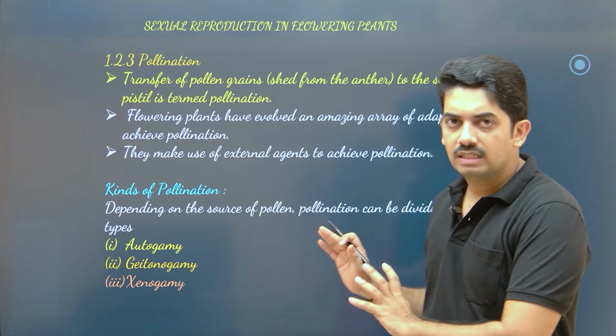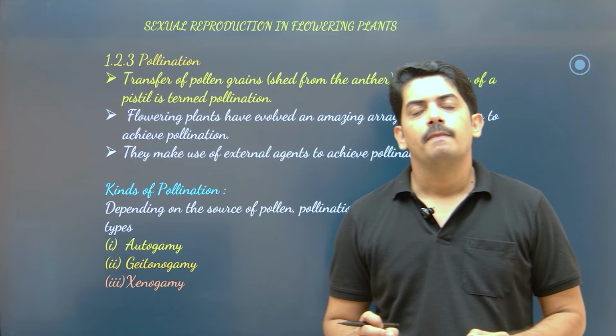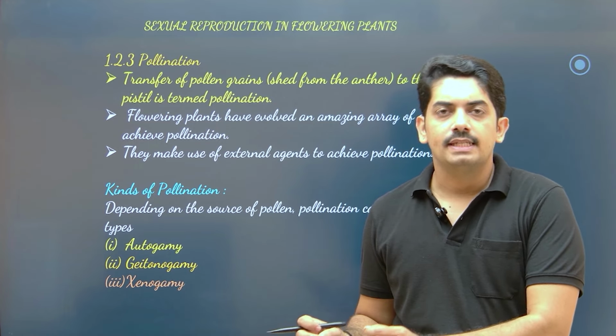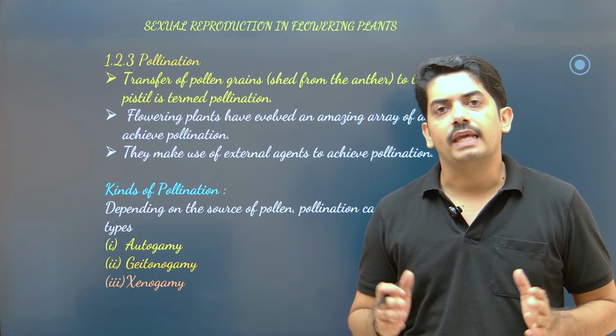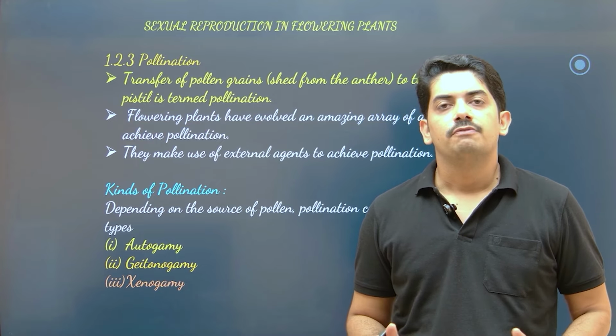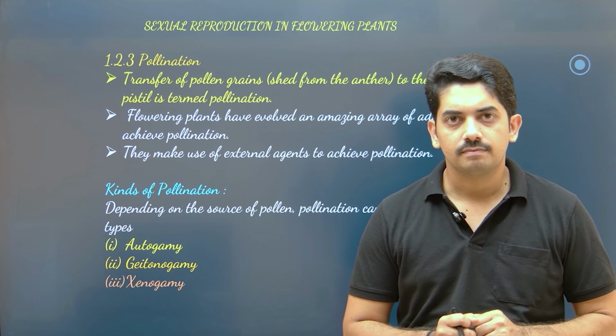Hope these 2 concepts are very clear for you. So in this process, in microsporogenesis and megasporogenesis, the plant was able to produce a functional male gamete and a functional female gamete.